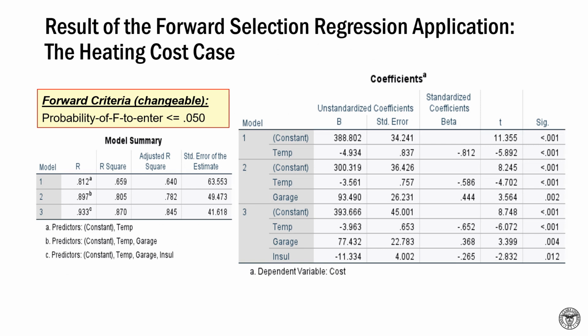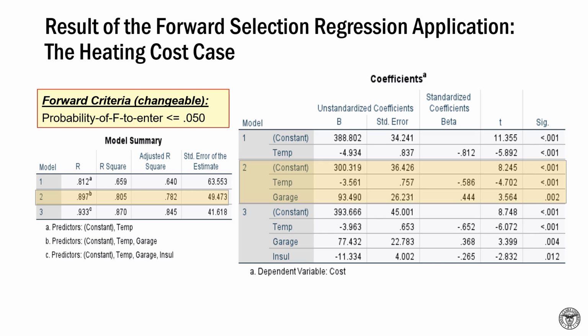We will now use the heating cost case to demonstrate the forward selection regression procedure. The procedure first selects the independent variable temperature. Temperature explains 65.85% of the variation in heating cost. The next independent variable selected is garage.